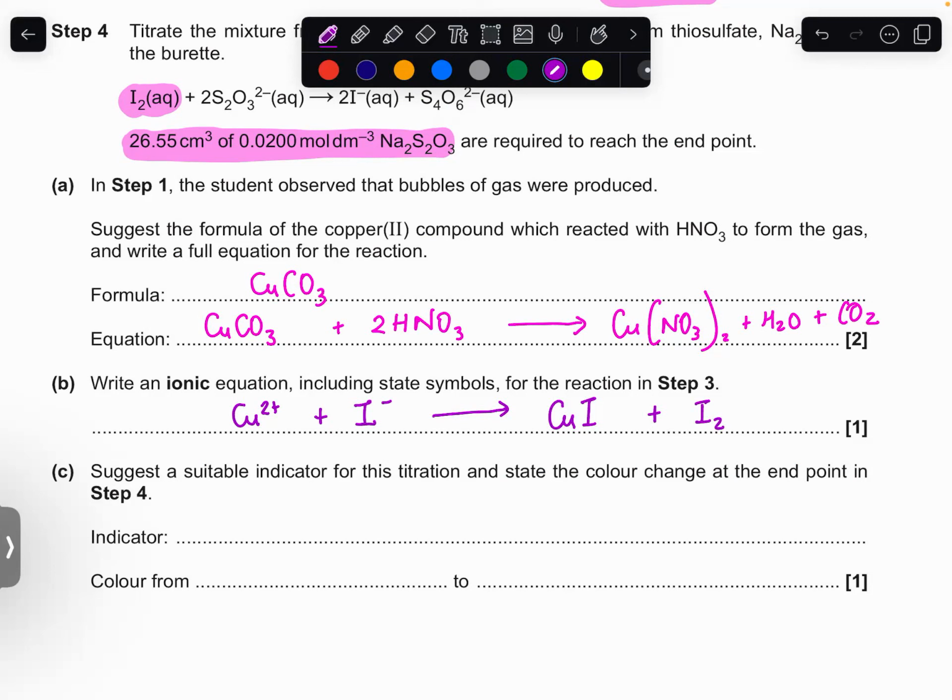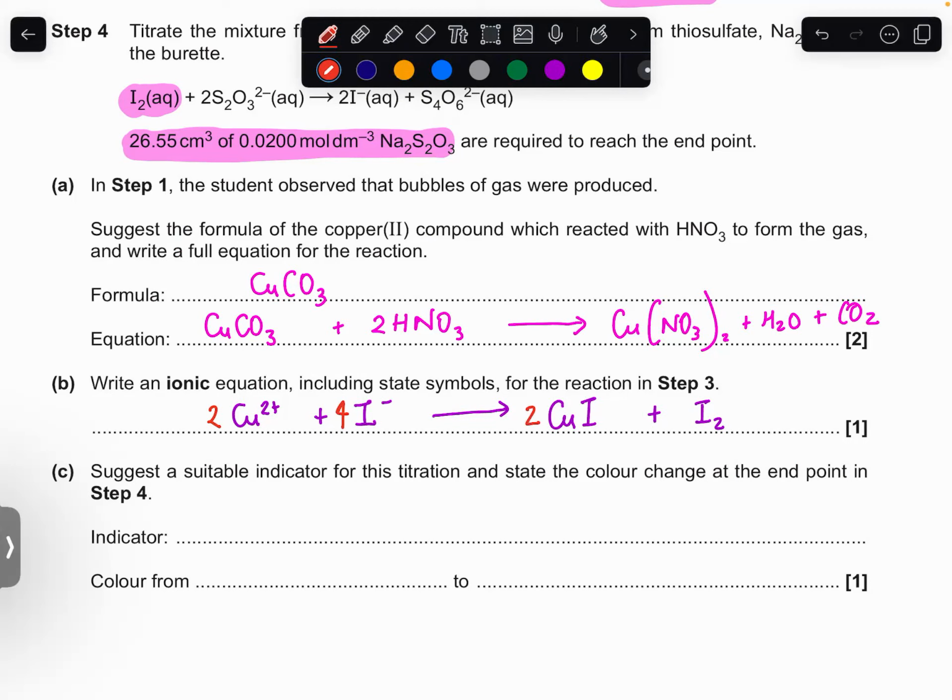And then you've got your extra iodide ions. So we're going to put 2 there, a 4 there, and a 2 there. The mark scheme, yep, supports that.